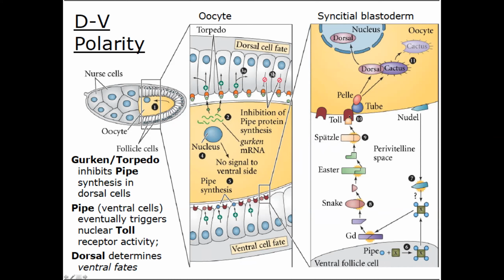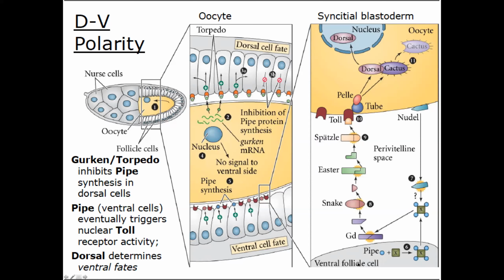Spätzle will bind to the toll receptor. Now here you see that the cells of the embryo are going to be seeing active toll signaling.